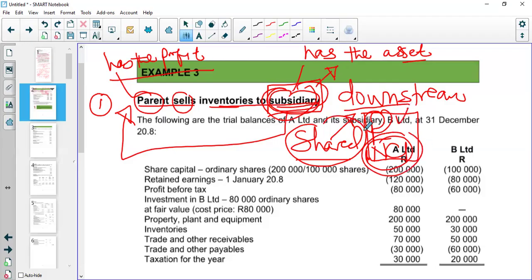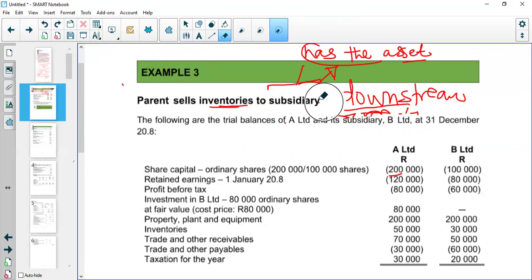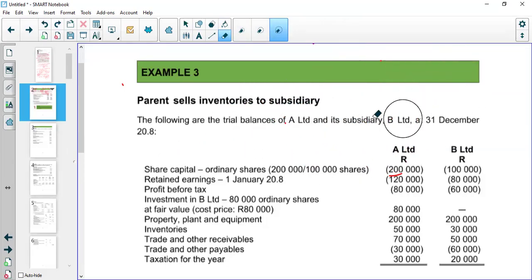And I repeat again, if the parent is the seller, there is no need to adjust the profit of the subsidiary, right? So that is why it's important to know who has the profit and who has the asset, right? It's also going to help you when we come to things like associates and joint ventures. It's going to help you a lot.